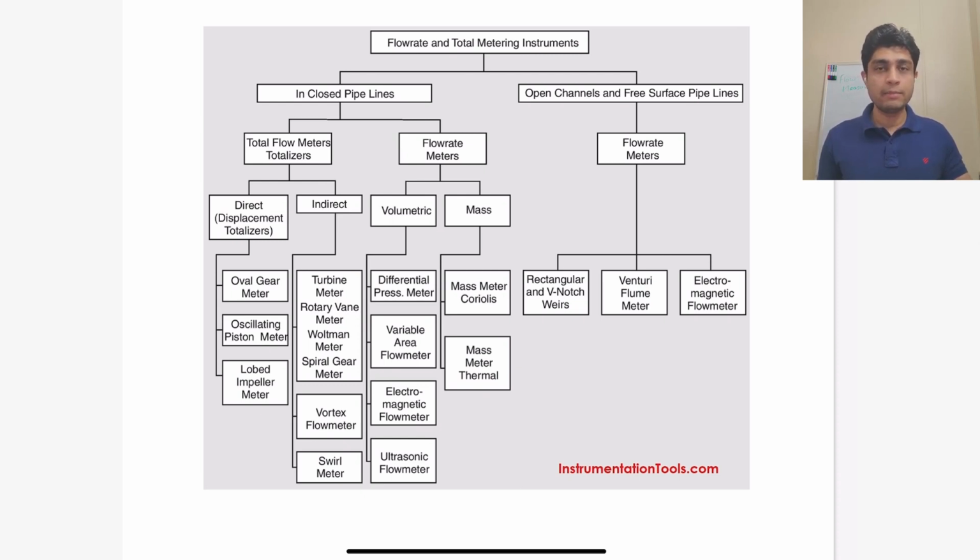It can be liquid sometimes, it can be air, and sometimes we want to just measure the amount of fluid that has passed, that is how much volume or mass has passed, or sometimes we want to keep track of the flow rate, that is the amount of fluid passing per unit time. So for each of these applications we have different techniques and different flow meters.